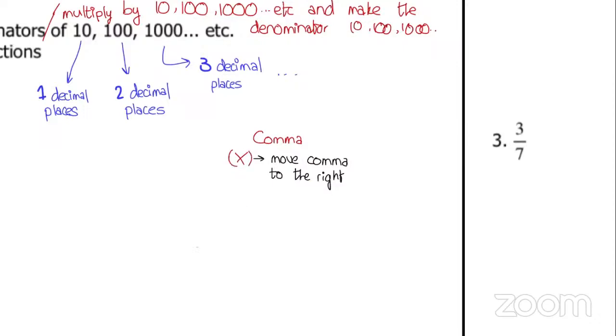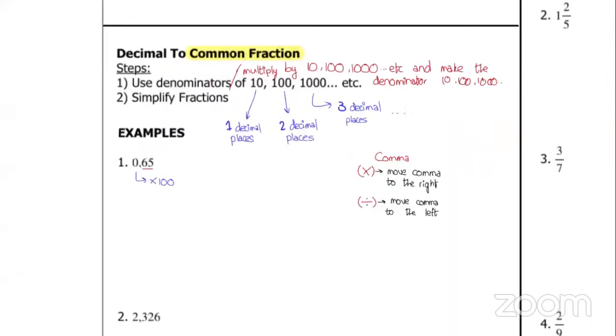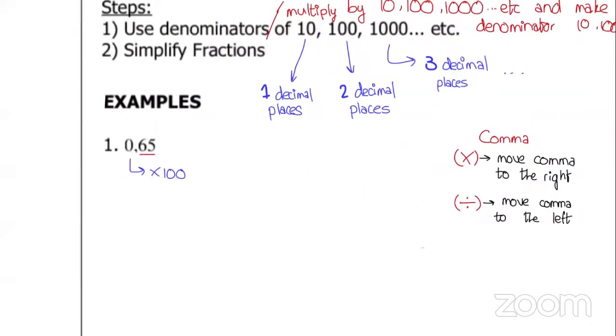When you divide, move the comma to the left. Okay, that's important to remember. So in this case, when I multiply by 100, 0.65 is going to become 65.